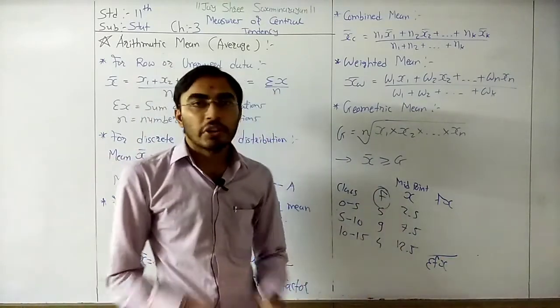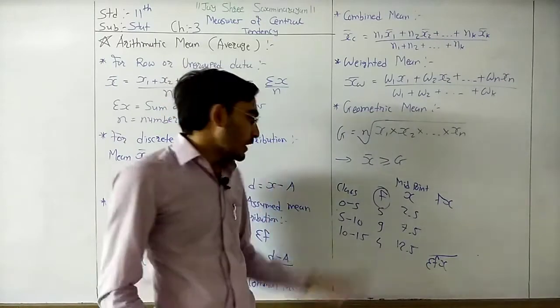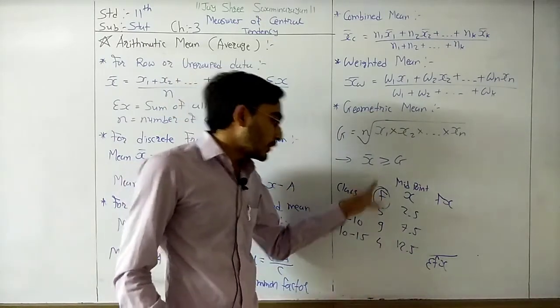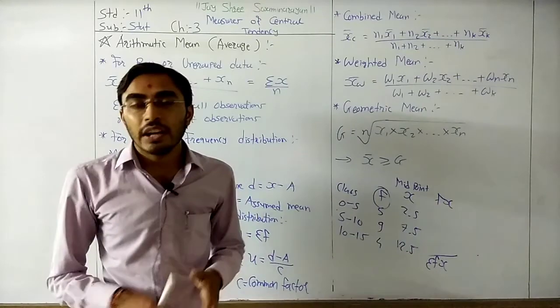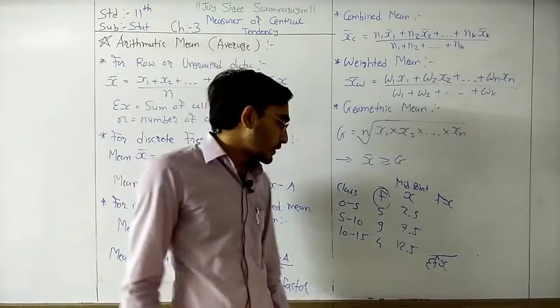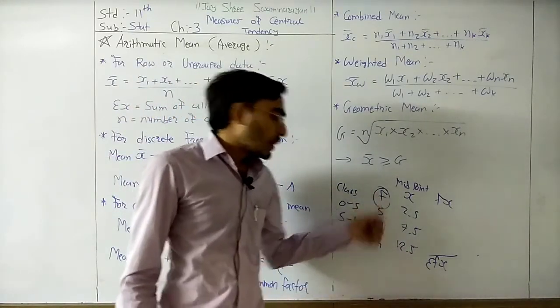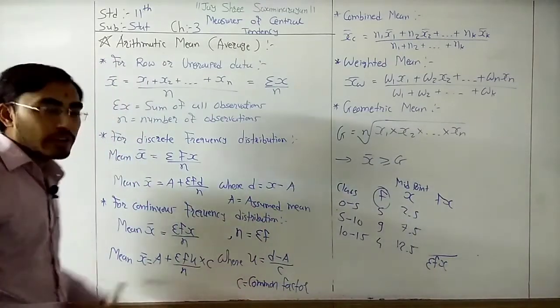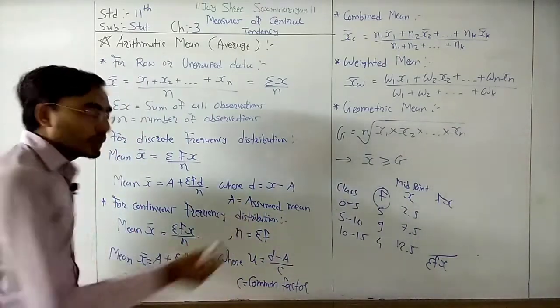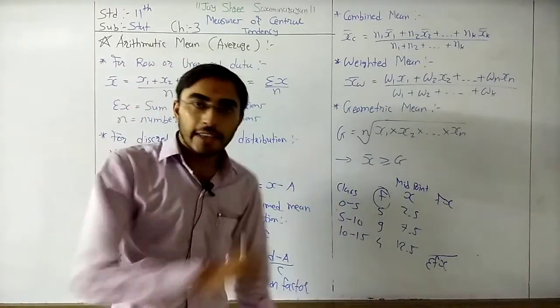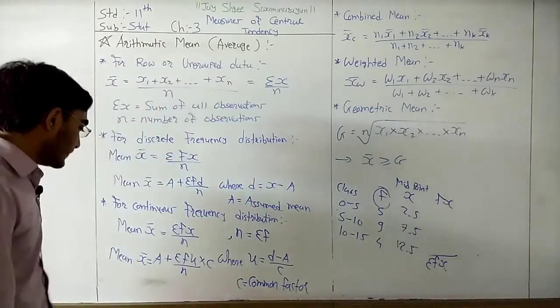So f represents the number of observations. If we do the sum of all these frequencies, it is the total number of observations, right? So this sigma f is our total number of observations n.